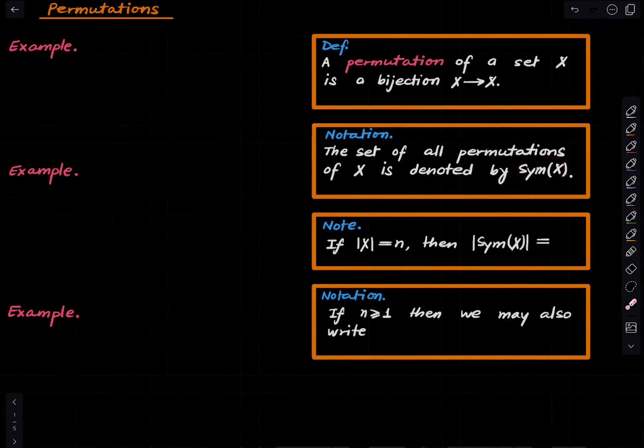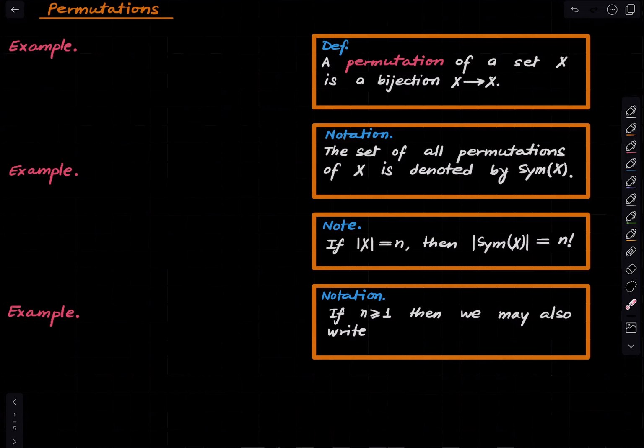In some texts, you will also see the notation S with a subscript X. Note that if X is a finite set of size n, a positive integer, then the size of this set is n factorial. Very easy to see, basic combinatorics.